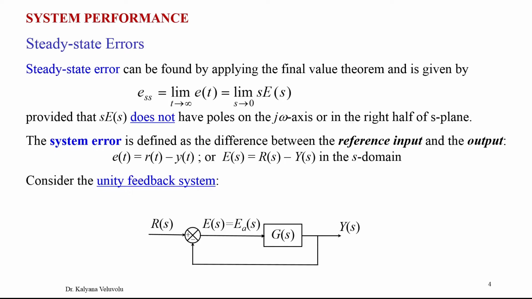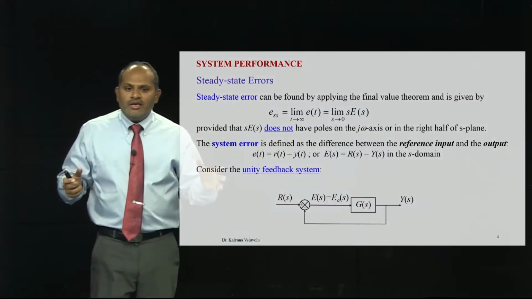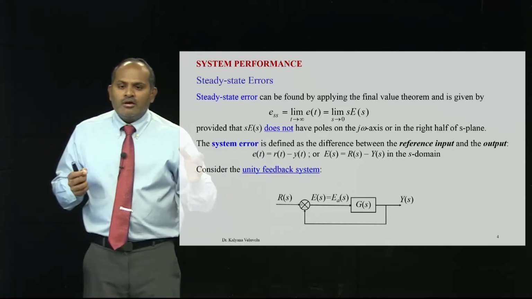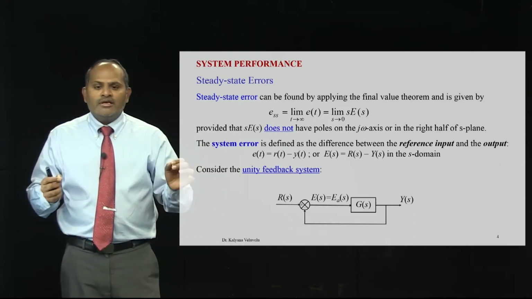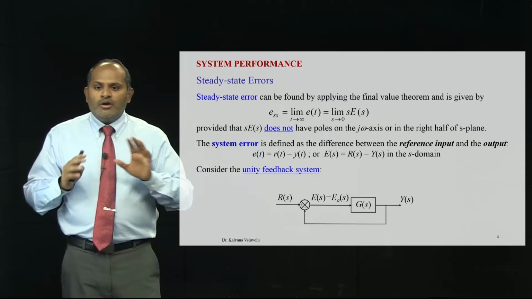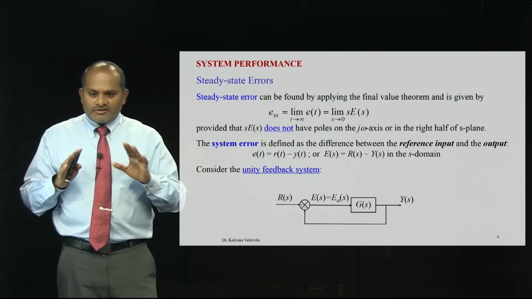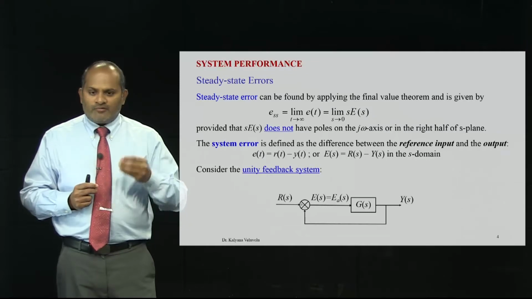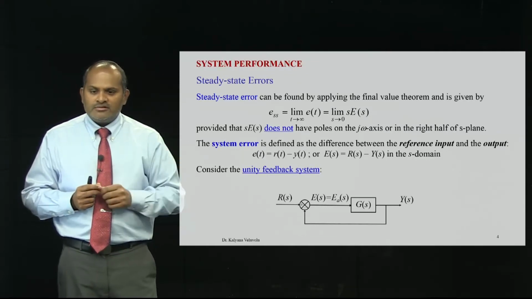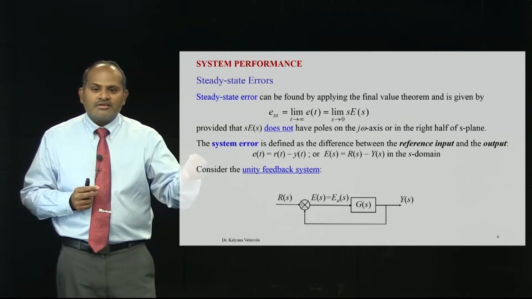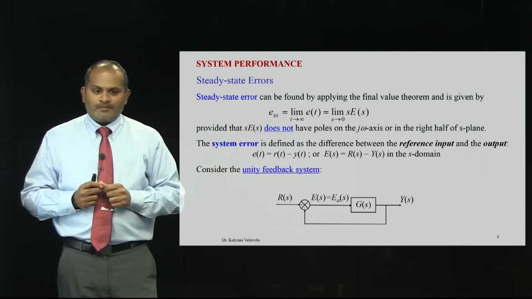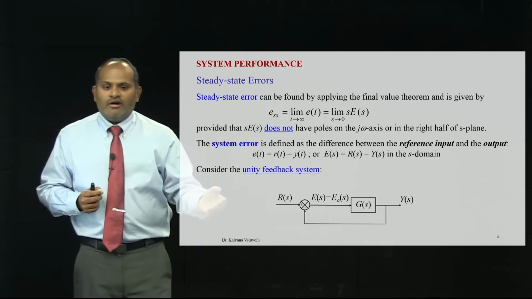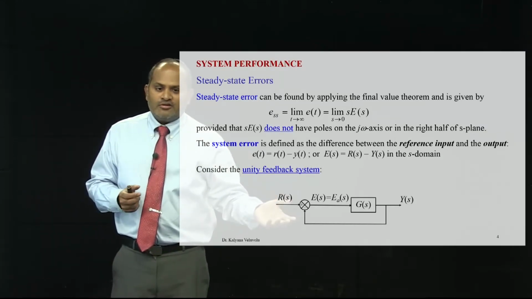The important aspect is we can only identify the performance if and only if the system is stable. We do not do any analysis for unstable systems. Before you do any error quantification, first we need to check whether the system is stable. For stable systems, we are going to quantify and develop the error constants.